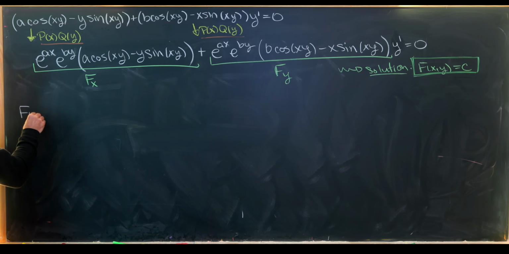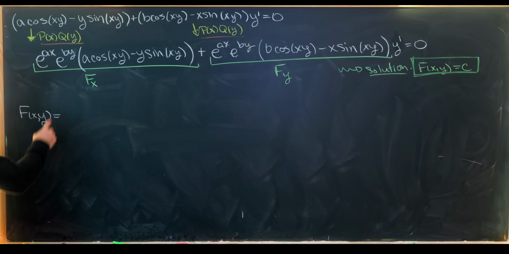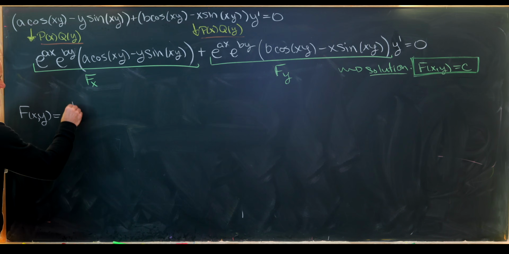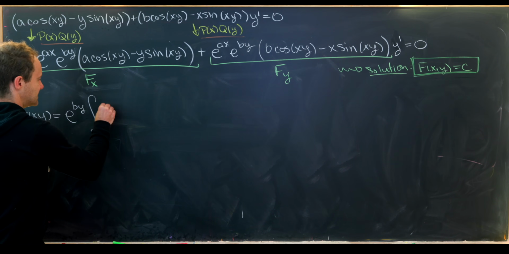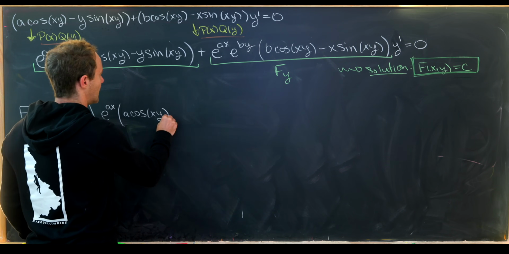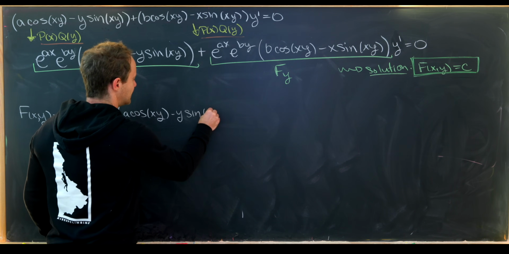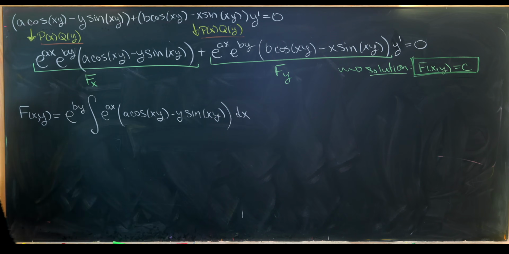So f of x, y will be the antiderivative of this green underlined expression with respect to x. Since e to the by doesn't depend on x, I'll bring it out. Then we'll have the antiderivative of e to the ax times a times cosine of xy minus y times sine of xy, dx.